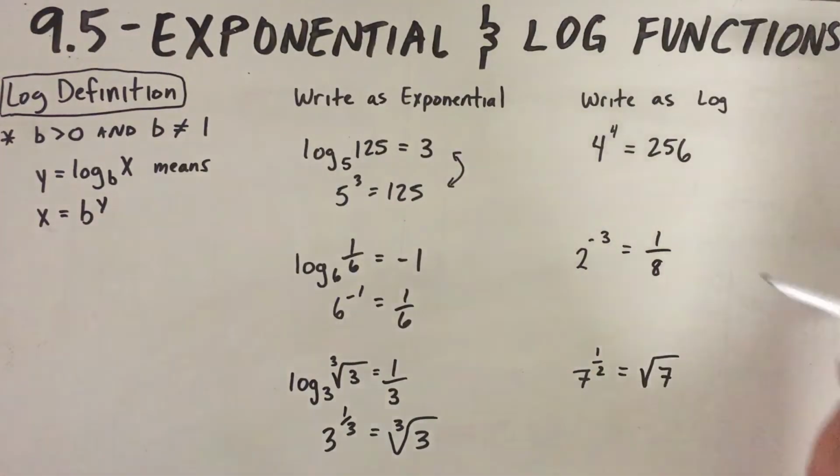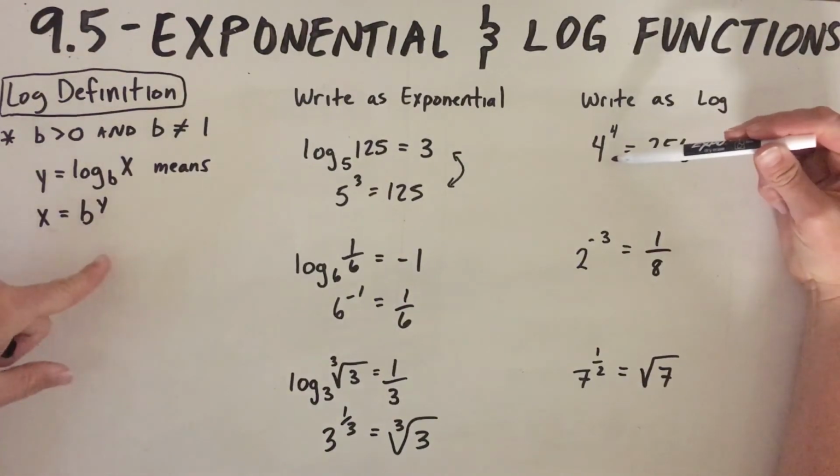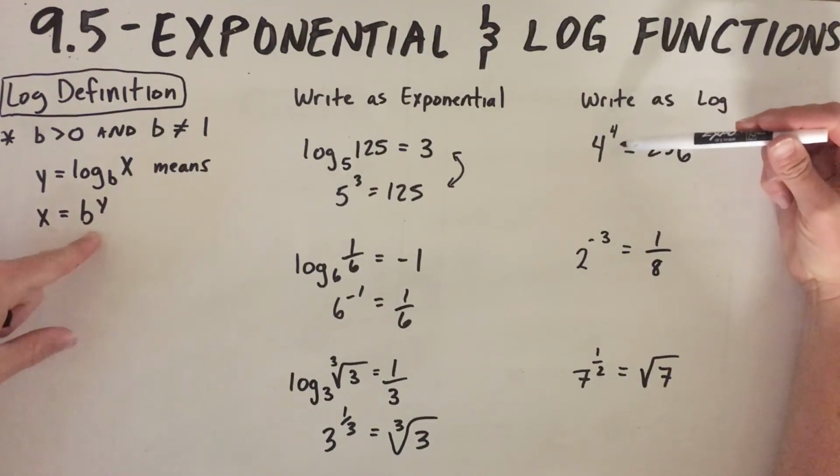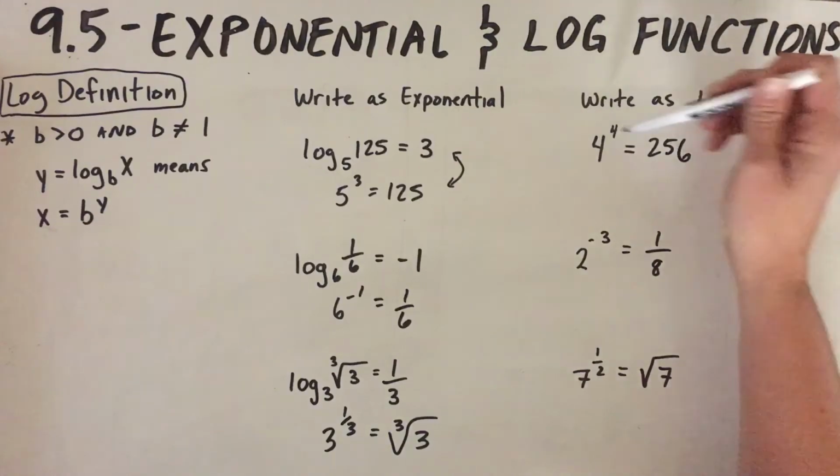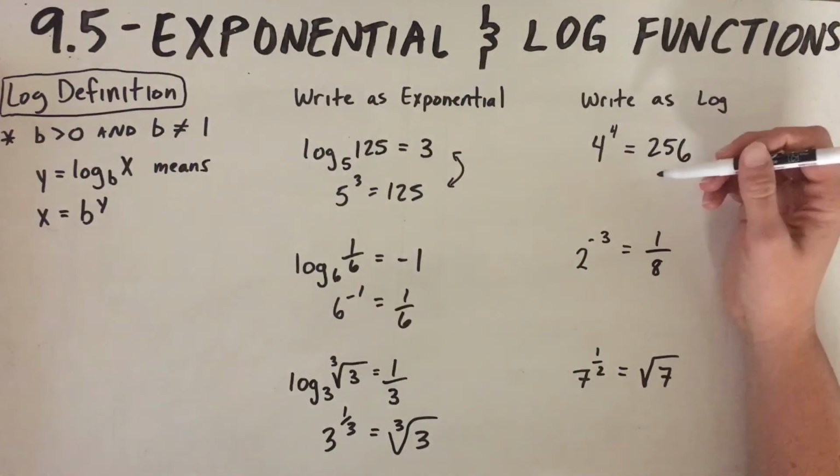Okay, now we want to take an exponential equation and write it as a log. So I'm going to refer back to this and say, well, if the base is 4 and it's being raised to the y, then I'm just going to switch the x and y.